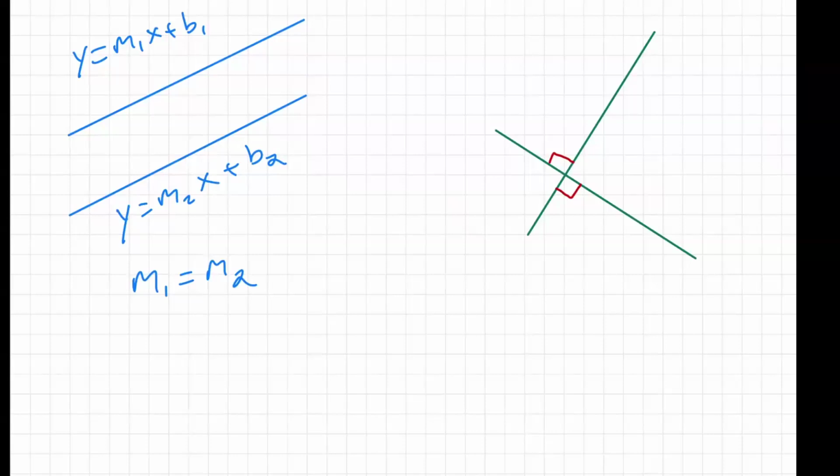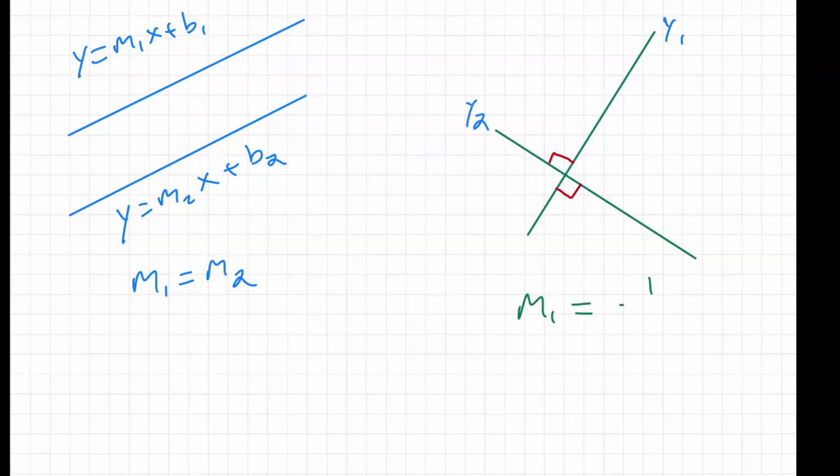It's not gonna happen all the time, right? These are special cases. If we just started randomly picking lines, more often than not, they're gonna intersect and they're not gonna be parallel or perpendicular. So when these special cases come up though, we wanna be prepared for them, right? So parallel means the slopes are exactly the same. Well, if we look at this, what's gonna happen? If I call this line 1 and this one line 2, then the slope of line 1 has a relationship with line 2, right?